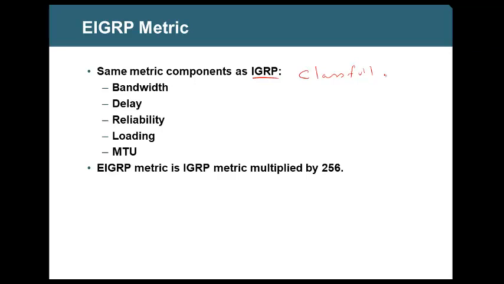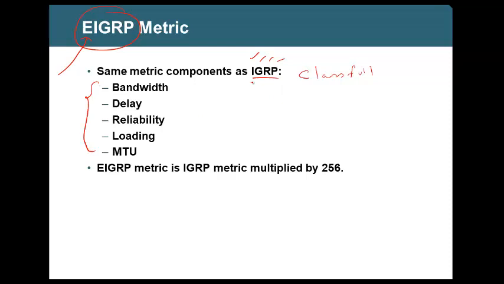So EIGRP improved it and made it classless, and it is now called EIGRP. So the earlier version of EIGRP is Interior Gateway Routing Protocol. Because the enhancement is done, it is called Enhanced Interior Gateway Routing Protocol. So right from the beginning, even during the IGRP days, we have these 5 metrics.